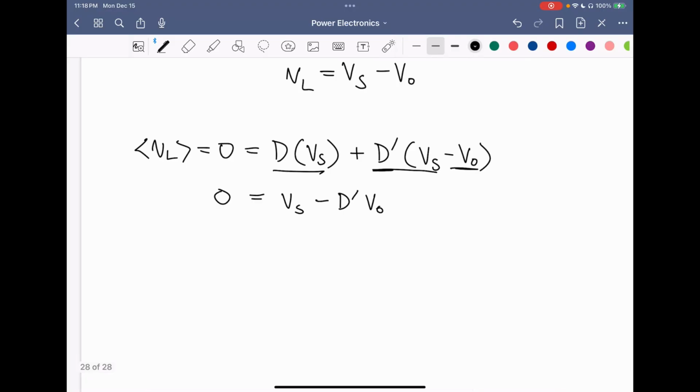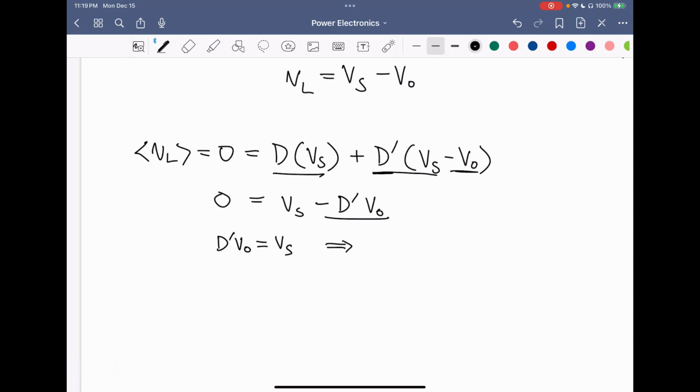And if we move this term over, we get D' Vo equals Vs. And therefore, we find the conversion ratio of the output voltage over the source voltage is equal to 1 over D', or 1 over 1 minus D. So we have thus found the conversion ratio of the boost converter.